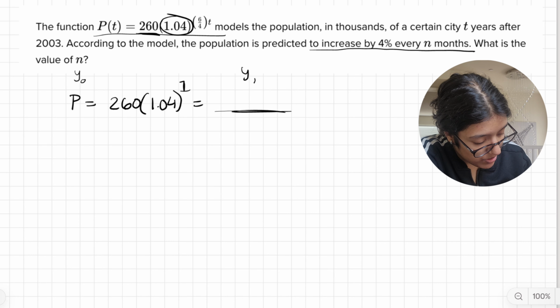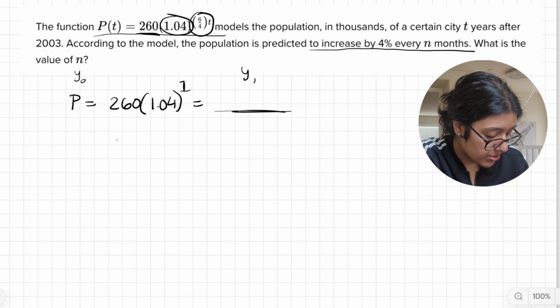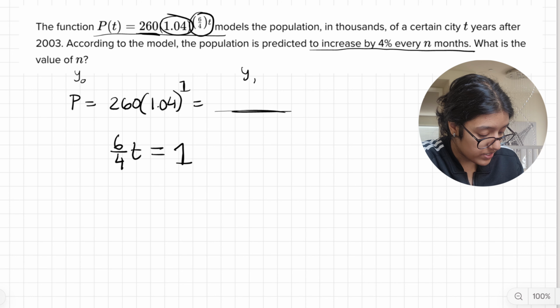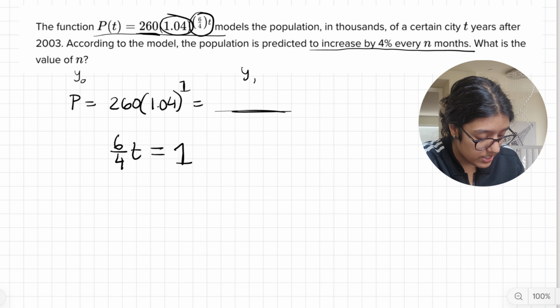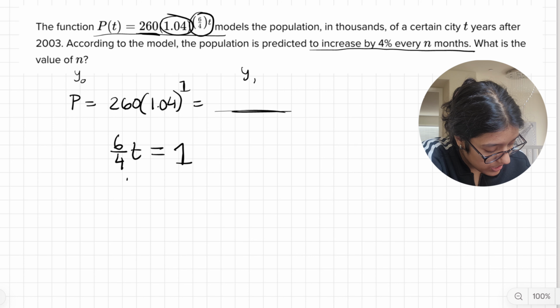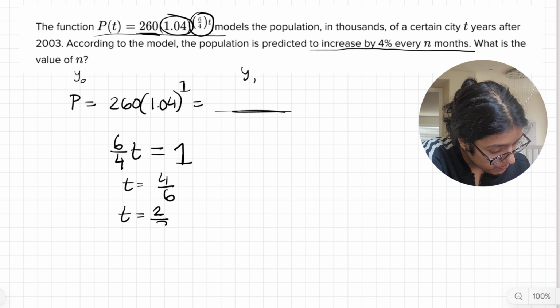We already know the exponent is 6 over 4t, so we have 6 over 4t is equal to 1. Multiply both sides by 4, divide both sides by 6. You are left with t equals 4 over 6, aka t is equal to 2/3.